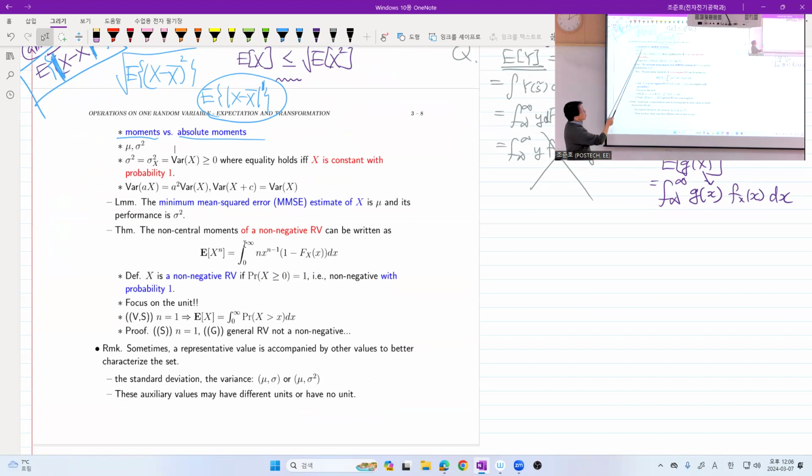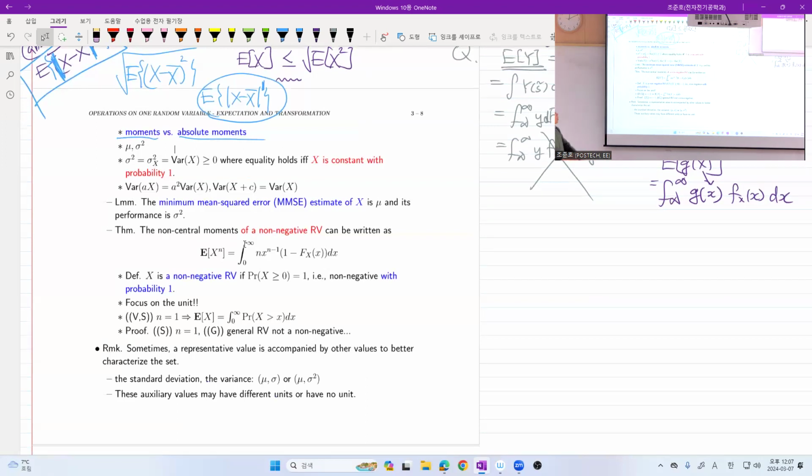For the variance, we have the notation sigma squared, because sigma is used for the standard deviation. The positive root of the variance is called the standard deviation. When we have two random variables, we specify whether sigma squared is the variance of random variable x or not. Sometimes I will prefer Var of x to denote the variance of x.